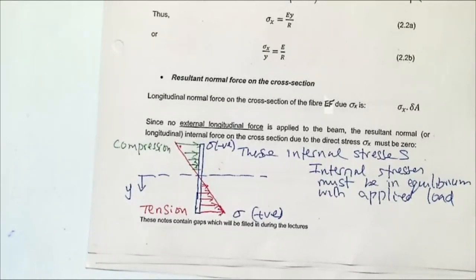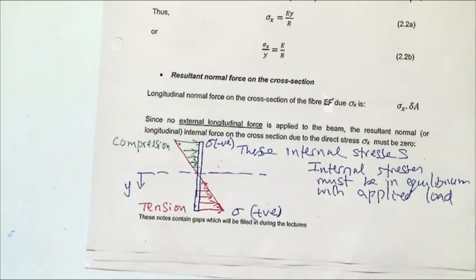But we are not applying any load along the length of the beam, yet we are generating some stresses along the length of the beam. But the stresses we are generating are not uniform. They change from tensile to very compressive at the other end.